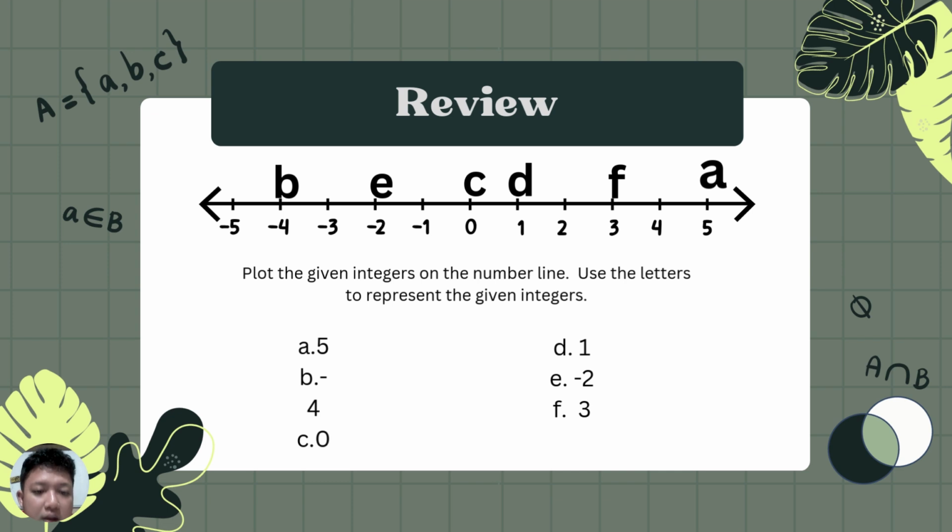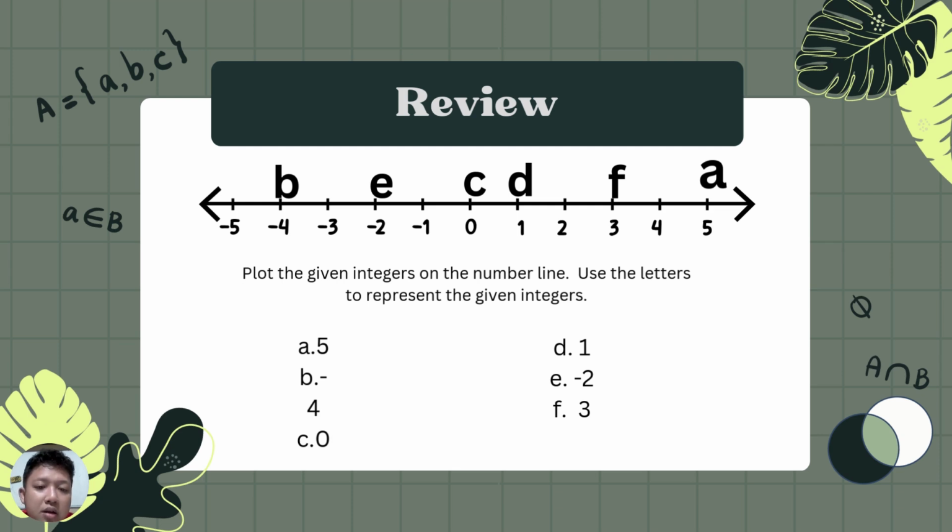Letter D, you can see the integer 1 on top of that. And letter E, and of course letter F. So that is how we are going to look for these integers in a number line.